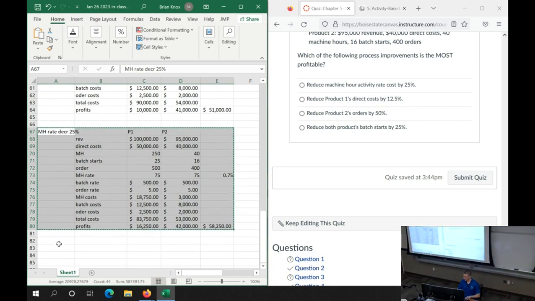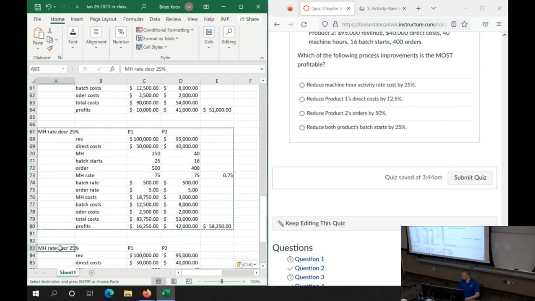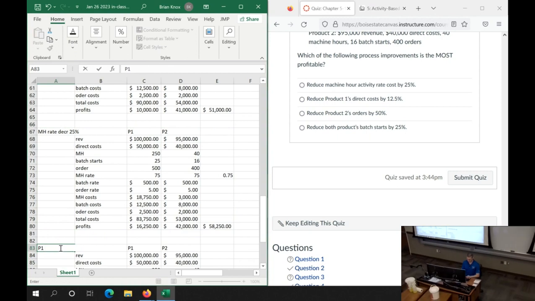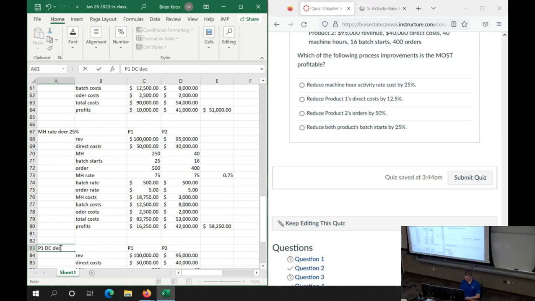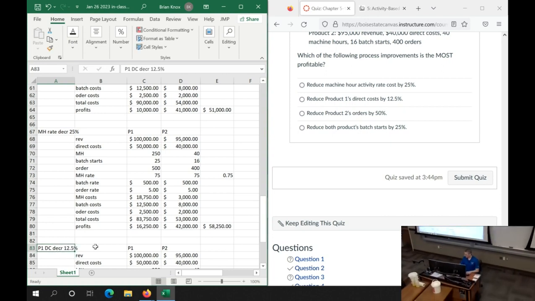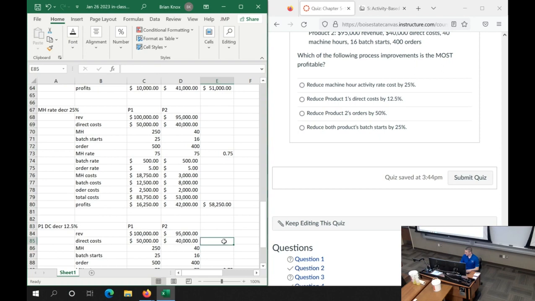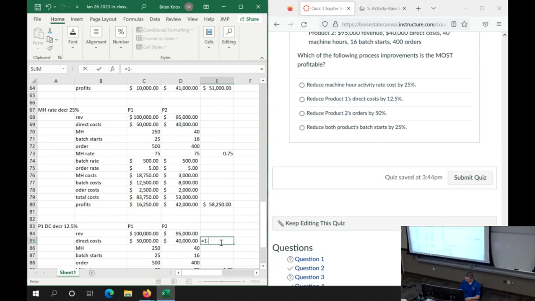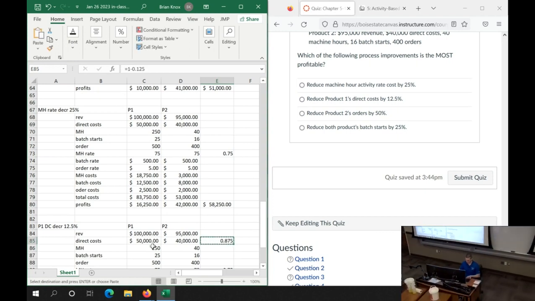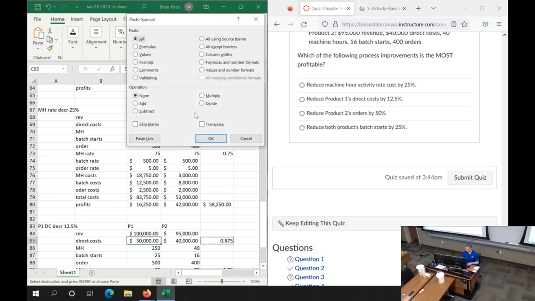What's the next scenario? This is P1 direct costs decrease 12.5%. So 0.875, let's go ahead and paste special for fun.